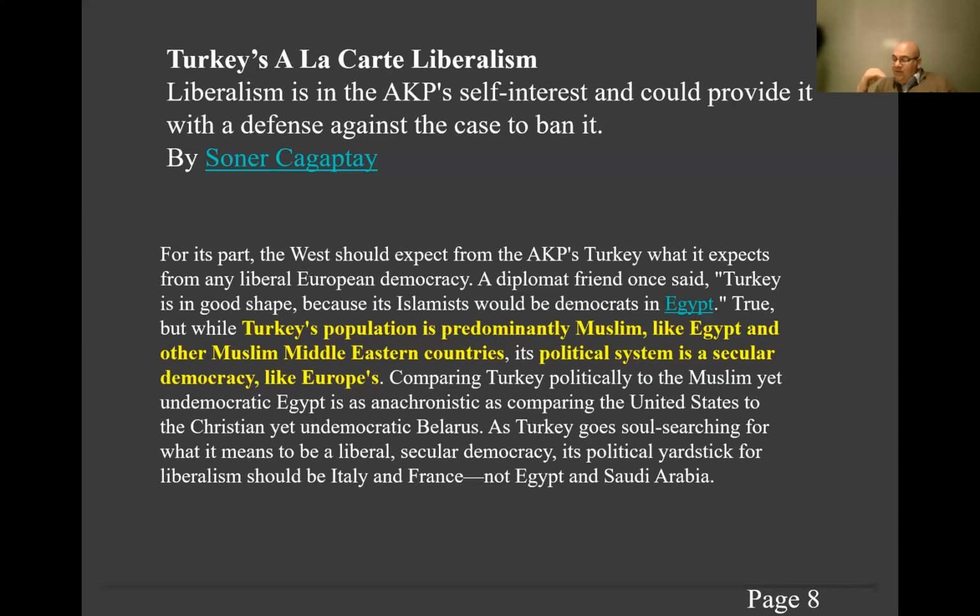Let me remind you the logic of most different systems. They are not similar to each other, but you have common characteristics and a common outcome. But if you try to compare two countries that are totally different in every variable, and also different in the outcome variable, you cannot compare.